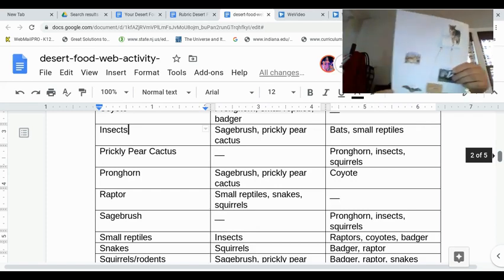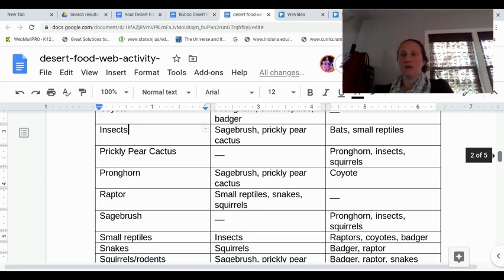There you go. And then I'm going to draw an arrow from the pronghorn to the coyote. Okay. Now remember, the pronghorn eats the sagebrush and the prickly pear cactus. So I'm going to draw an arrow from them too. I probably should have used a 3rd color for that.